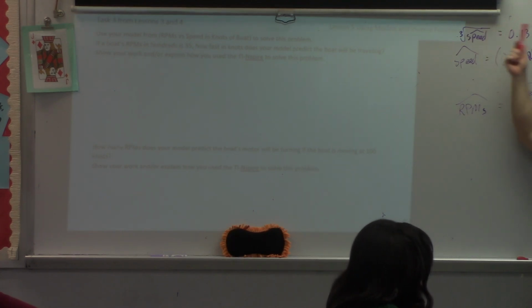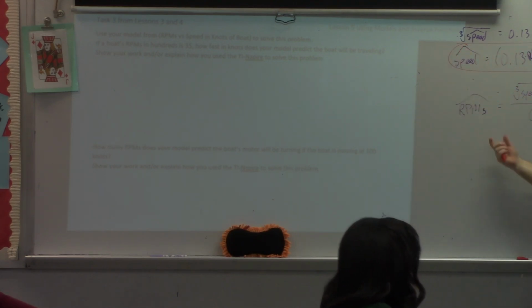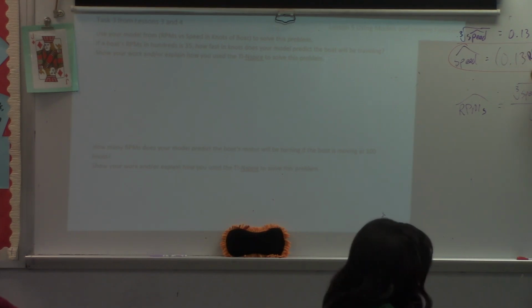So I cube the left side, cube the right side. So I've got the right hand side cubed. If I want to get the RPMs and predict the RPMs, what do I need to do to the original equation? I still need to use inverses, right? But I need to isolate the RPMs, so what's the first inverse I need to use?